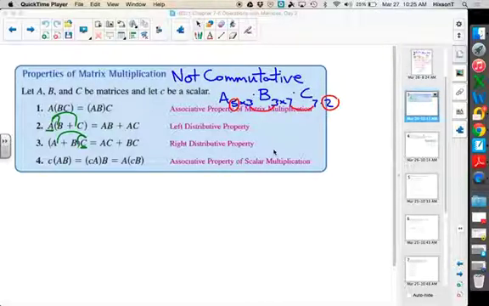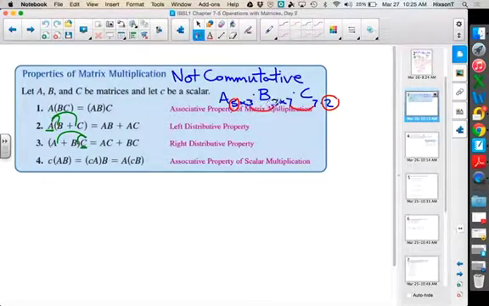Okay, because for example, in this case, A is a 5 by 3 matrix, B is a 3 by 7, and C is a 7 by 2. So in order to be able to multiply A and B, the number of columns in A has to equal the number of rows in B, and it does.